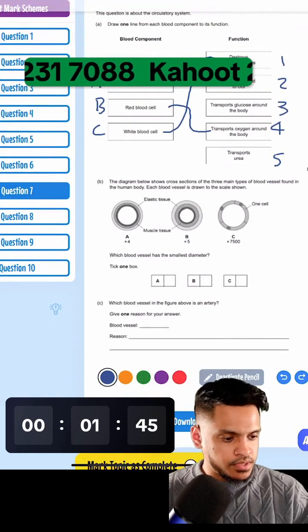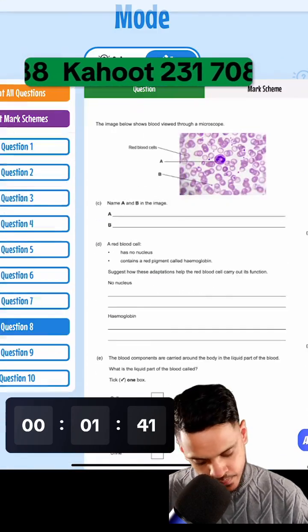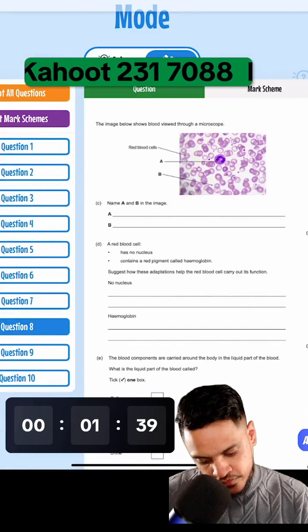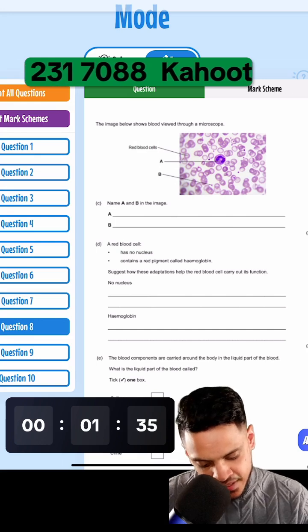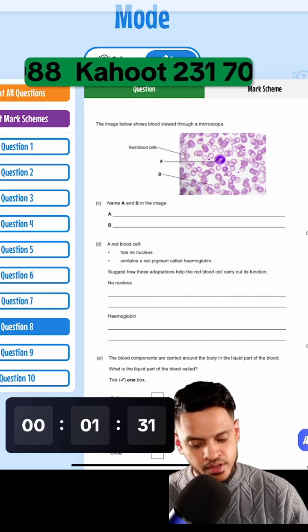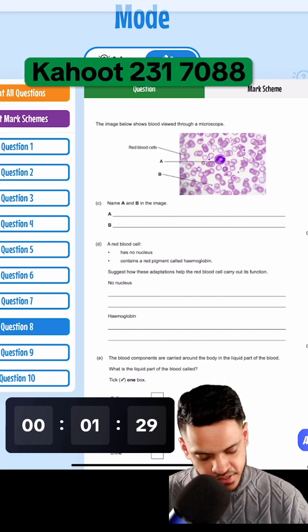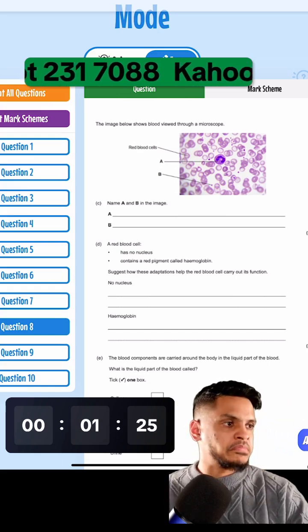All right, let's try maybe one more. So we've got an image here of blood viewed through a microscope. It's labeled red blood cells here. Name A and B in the image. So A is this bigger cell, another type of cell. What do you guys think that answer is? And B is a little fragment.